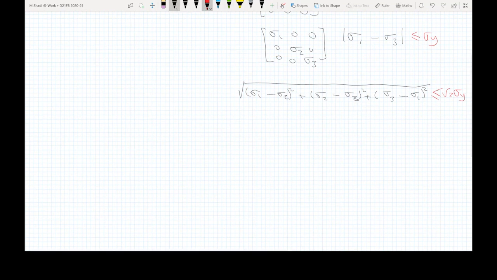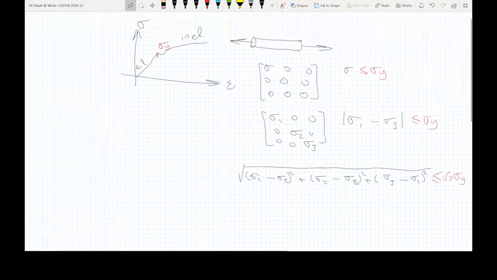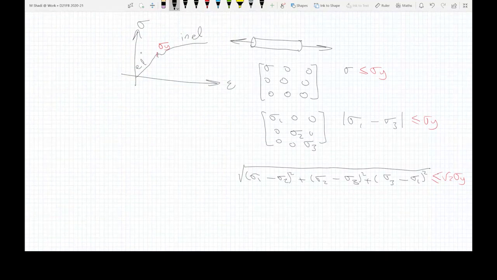And we also mentioned there is the Mohr-Coulomb criterion, and we said the Mohr-Coulomb would be more relevant to soils. You have seen the Mohr-Coulomb previously in geotechnics, I assume, or foundation engineering.